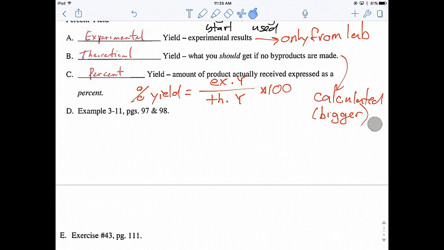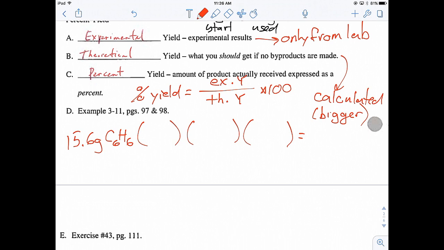You can see that the first thing they do there is take that 15.6 grams of the C6H6, and they do their mole conversions to figure out how many grams of that product, the C6H5NO2, should be produced.